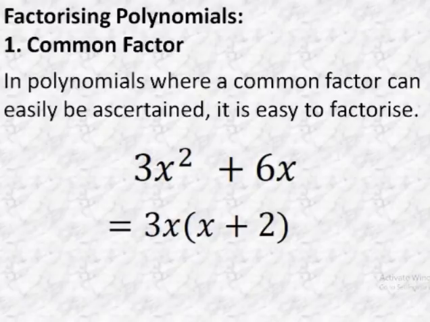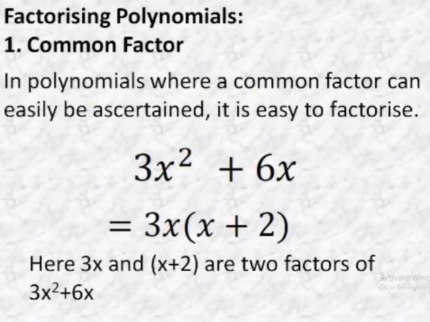We can see that 3 is common in both of them, and x is also common in both of them. So we write 3x, and what was left? X was left in the first term and 2 was left in the second term. So we have two factors, 3x and x plus 2. These are factors of 3x squared plus 6x.